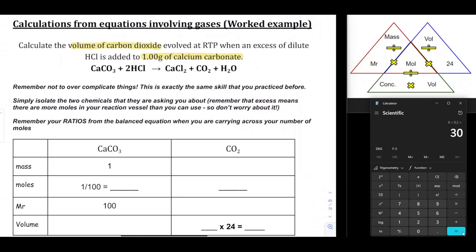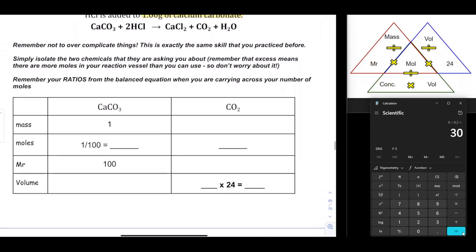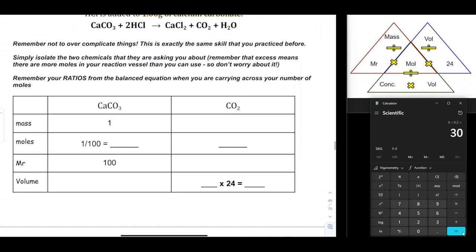It's asking us about the volume of carbon dioxide evolved when 1 gram of calcium carbonate is used. So we just plug in what we want. We've got 1 gram of calcium carbonate. MR of calcium carbonate is 100. So we do 1 divided by 100 to get the number of moles. 1 divided by 100 gives us 0.01.